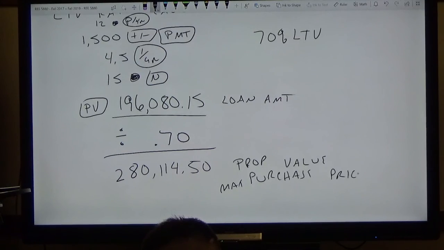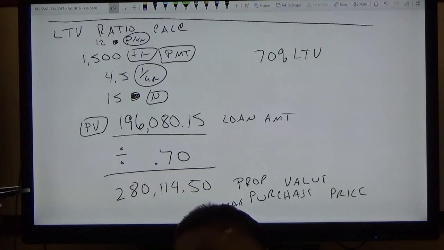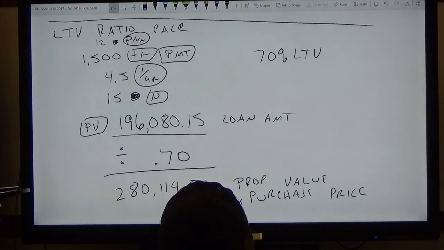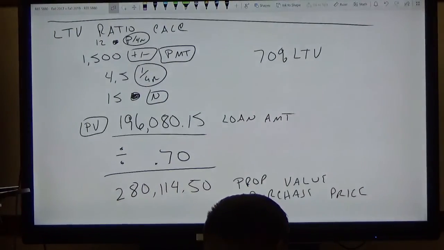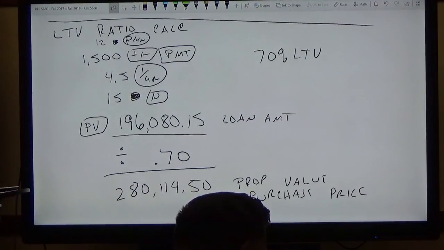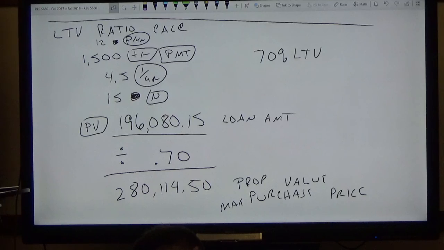So somewhat similar to one of the previous problems, but nonetheless trying to continue to reinforce the concept of loan-to-value ratios. Part of what I hope you're seeing in these calculations is you attack them from different directions, depending on what information you have and what the scenario is.